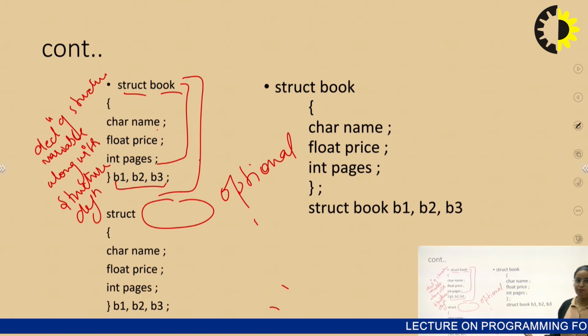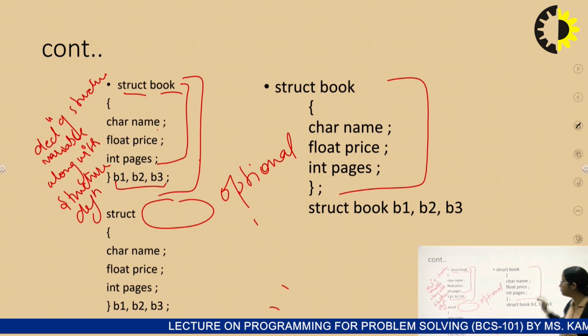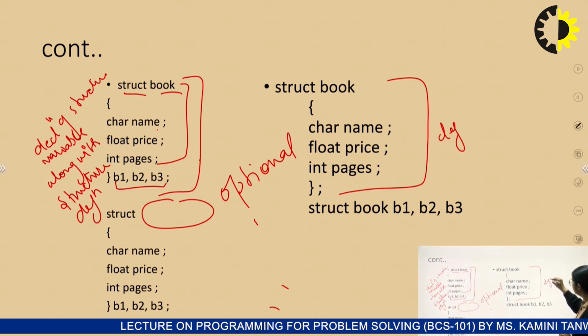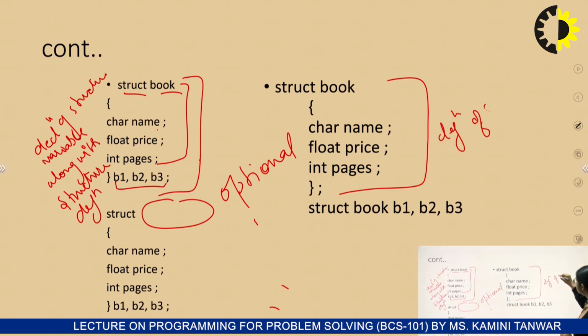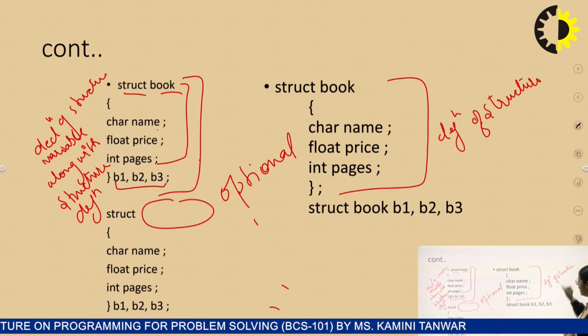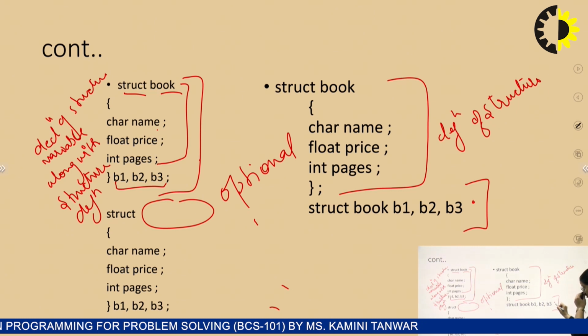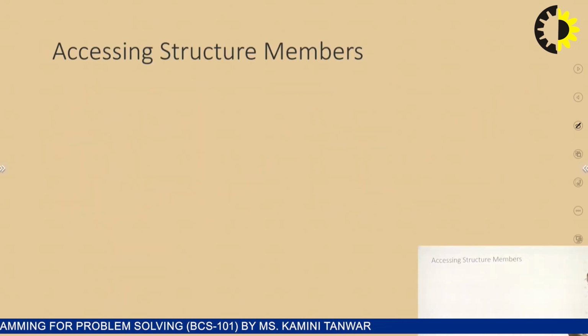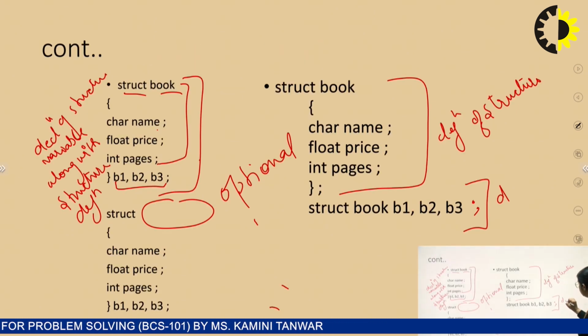Now the third type is definition and, separately, declaration. First you are defining the structure like this. This is the definition of the structure. And this is the declaration of the structure variable.